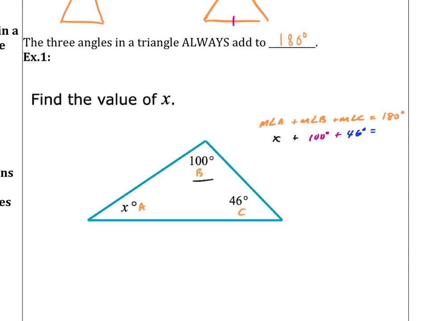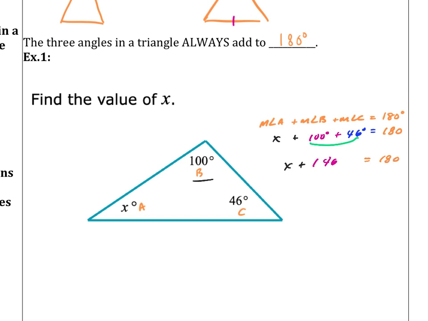And that's all supposed to equal 180 degrees, right? So now we just solve. I'm going to combine like terms, combine these two, so I'm going to have x plus 146 equals 180 degrees.